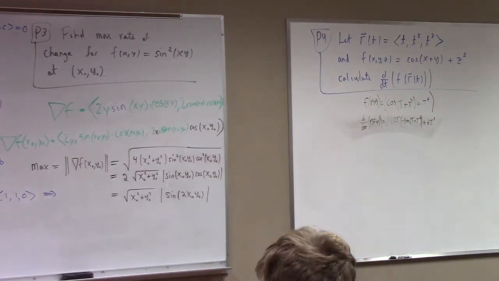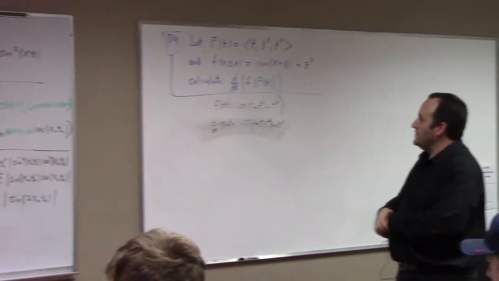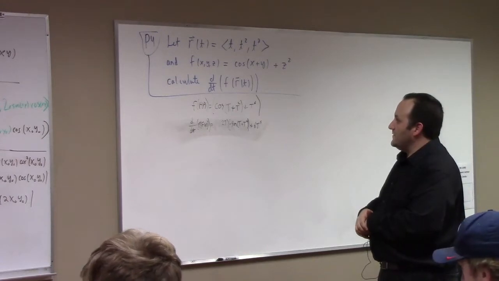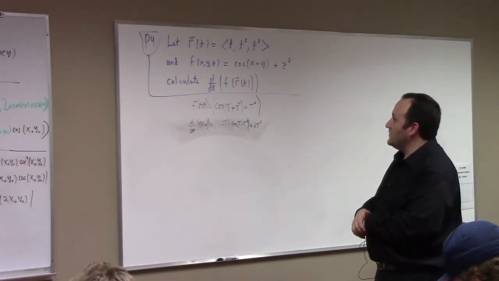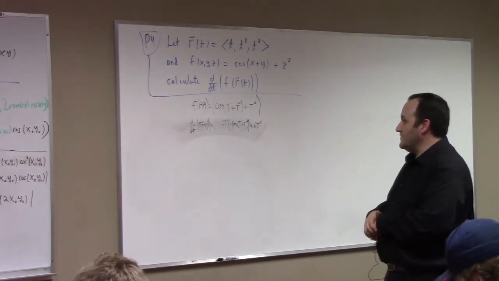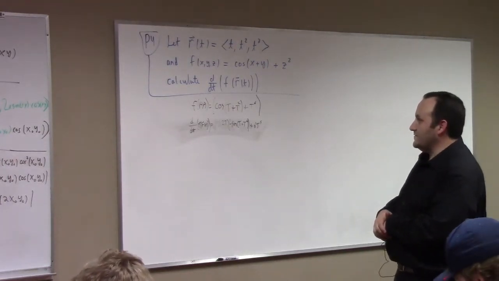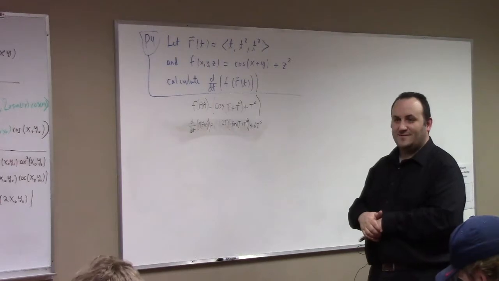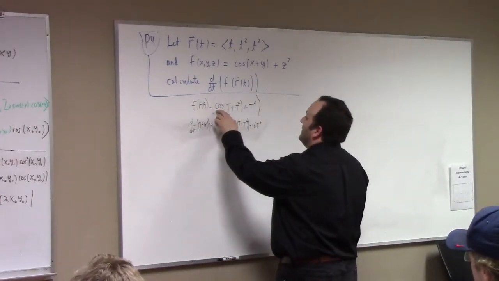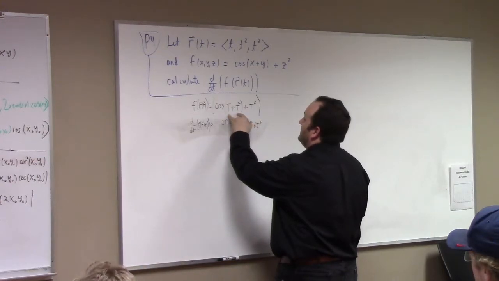Now over here, we have kind of a different animal. I gave you the twisted cubic, t, t squared, t cubed. And I said, look at the composite of it with the function cosine of x plus y, plus z squared, and calculate the derivative. So you did what any good calculus 3 student who has not been taught the chain rule yet would do. You compose the function. This is really just cosine of x plus y, which in this case is t plus t squared.